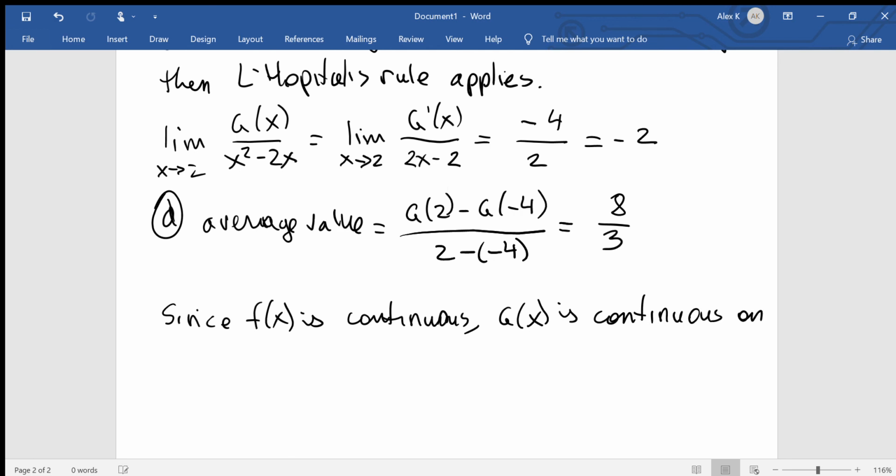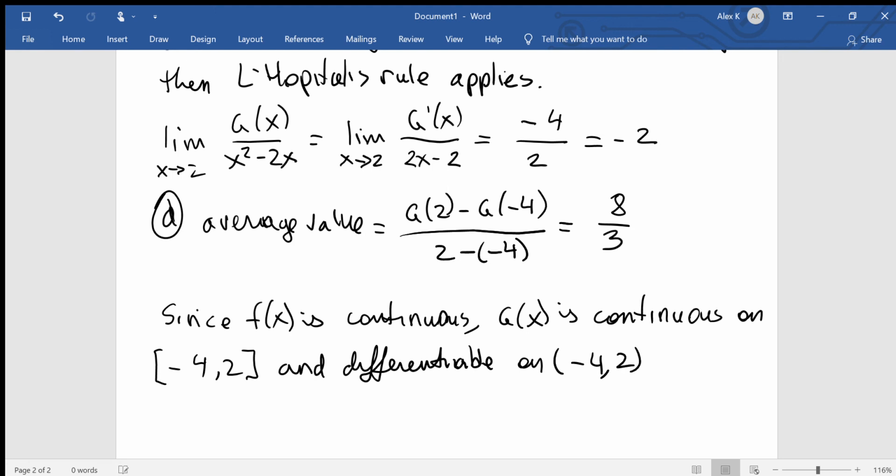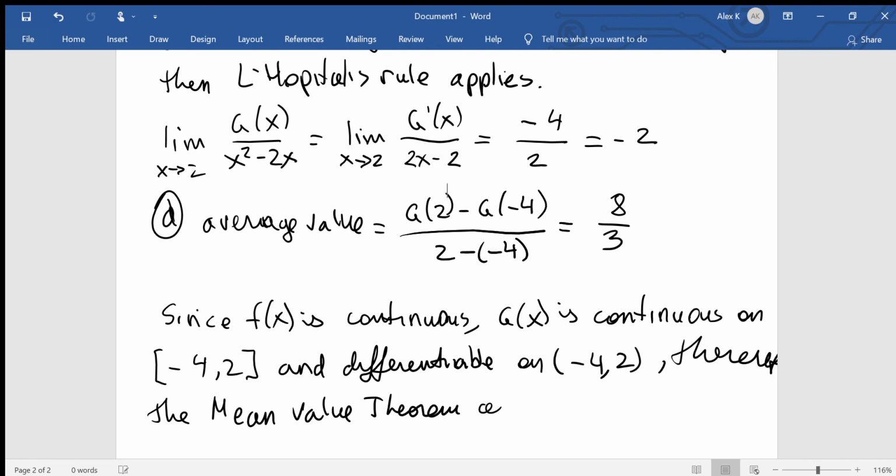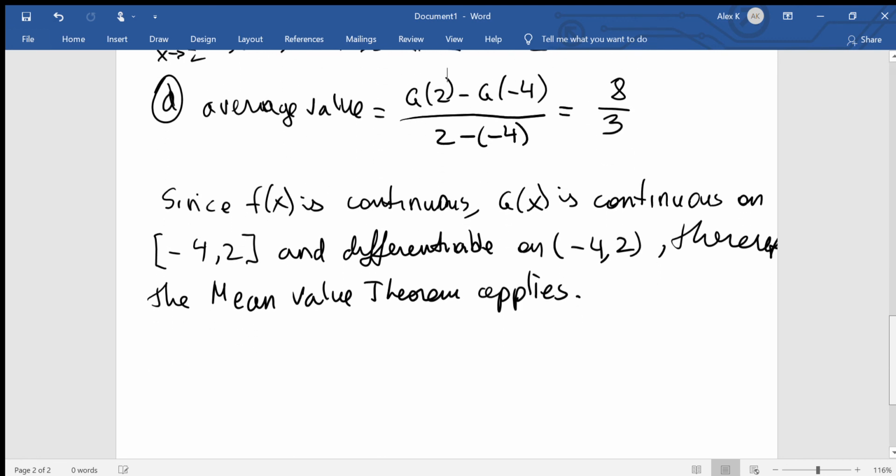It's continuous on the closed interval from negative 4 to 2 and differentiable on an open interval from negative 4 to 2. Therefore, the mean value theorem applies. So the answer is yes, such value exists.